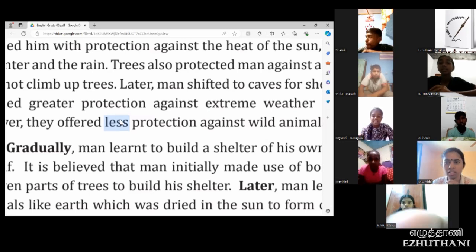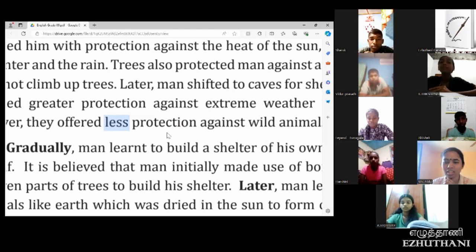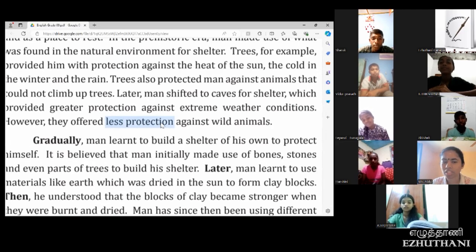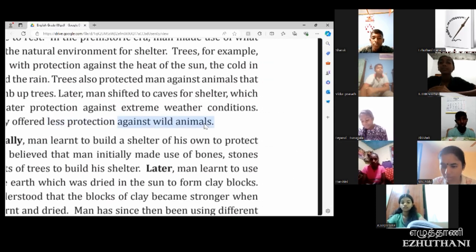Deekshana, do you know what less means? Less is குறைவு. கூட means more, குறைவு means less, right? Okay, teacher. So they offered less protection. குறைவான பாதுகாப்பு against wild animals.